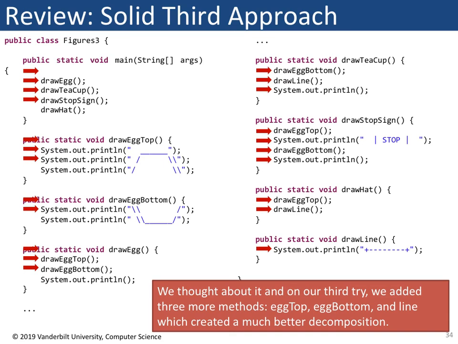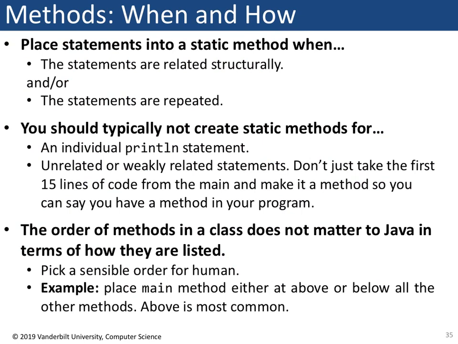And the main doesn't have to get bogged down and become unreadable due to excessive println statements and redundant code. So how should you go about recognizing when and how to use methods?